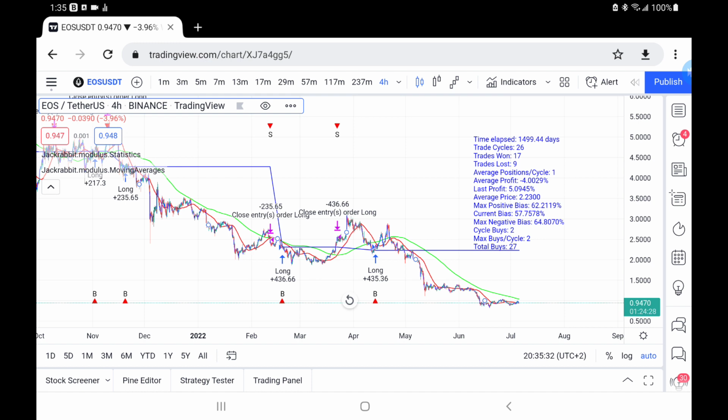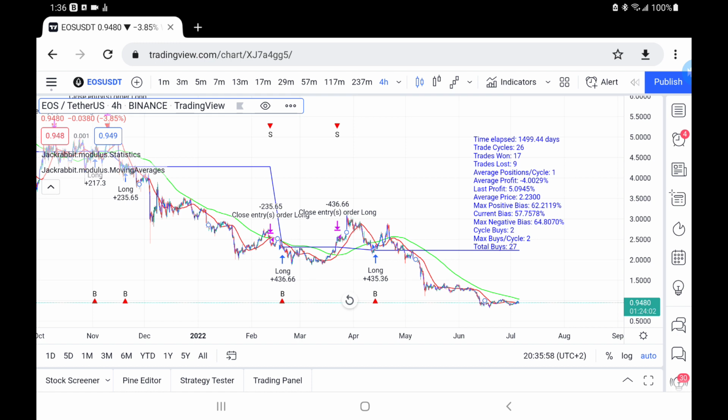Your average profit is minus 4%. That is important in understanding trend trading. Trend trading isn't about winning every trade. It's not even about winning half of the trades.